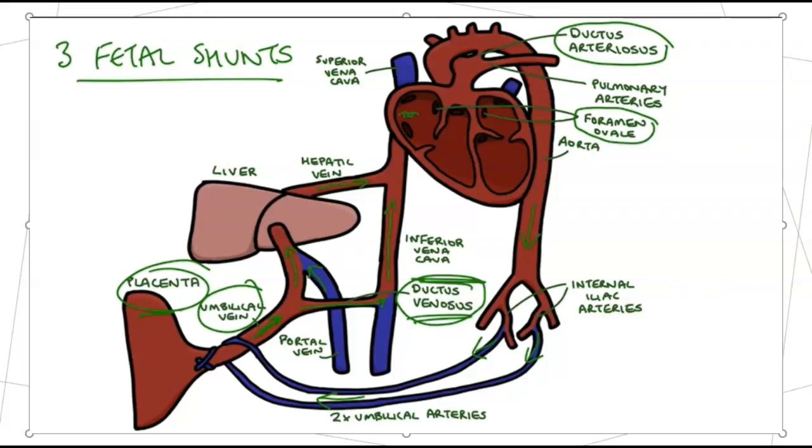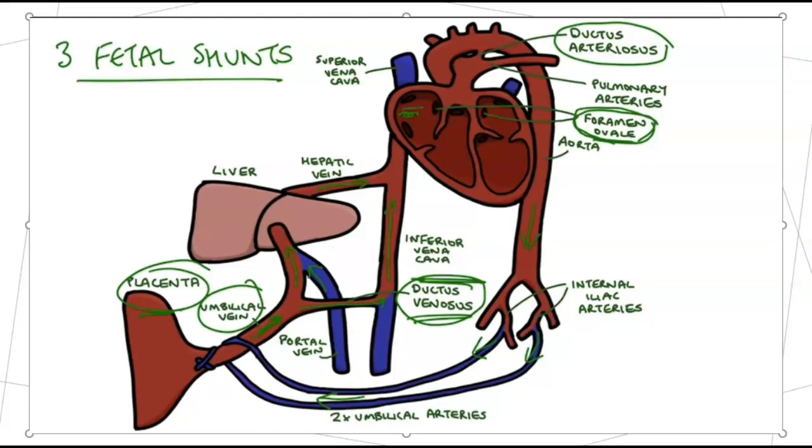So you've got all that lovely oxygenated blood coming into the inferior vena cava, into the right-hand side of the heart. Now this is where we meet our second shunt, and this is called the foramen ovale. What is difficult to see on this diagram is that this hole is a hole in the wall, the septum between the two atria.